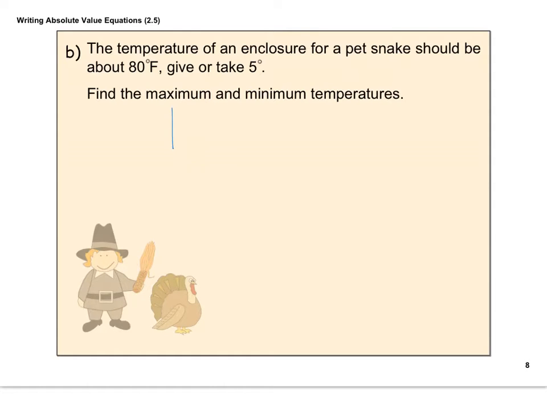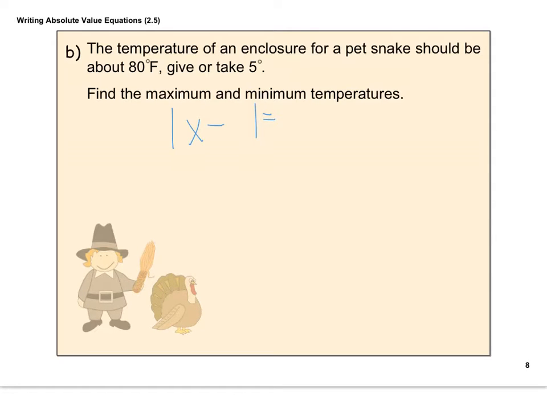So first thing for writing our equation, absolute value of x minus, I should say, equals. Remember, the number that goes in the middle is going to be our midpoint, our target temperature, our goal temperature, what it should be, the ideal situation.